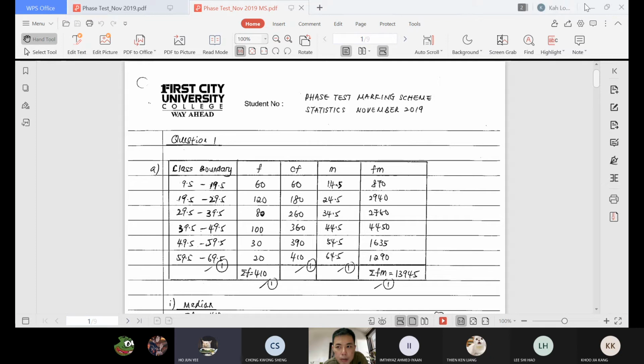You can see my screen, right? I already show you the answer. Can you read for me? Class boundary, frequency, cumulative frequency, midpoint, and frequency midpoint. It's the midpoint, sorry.